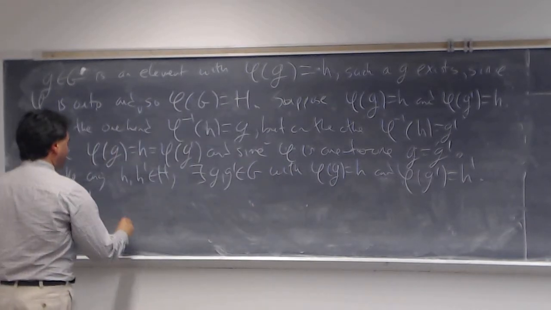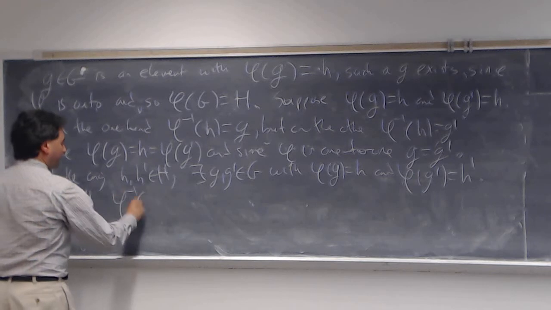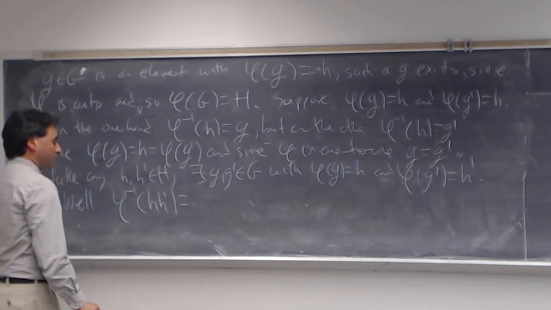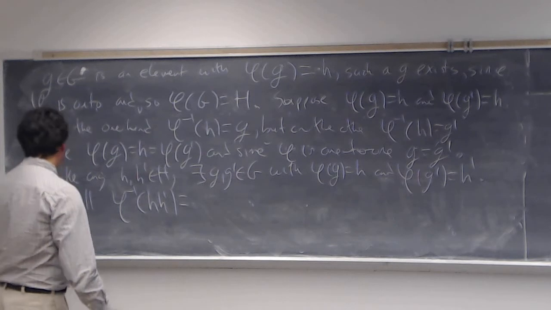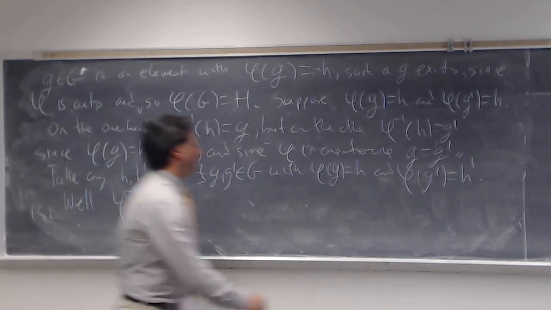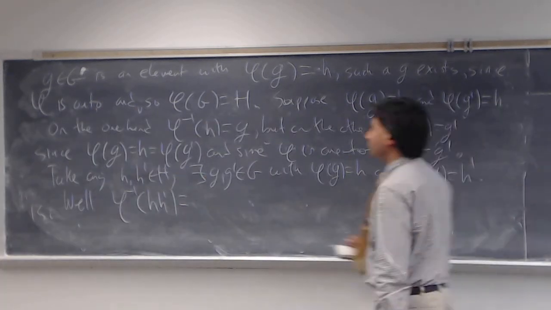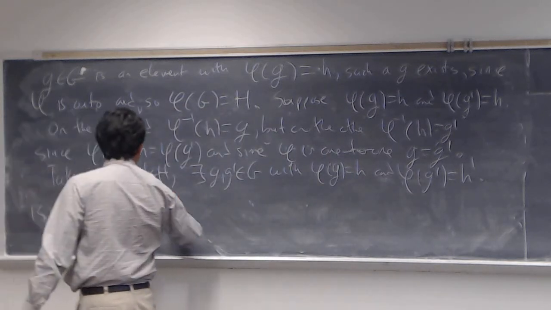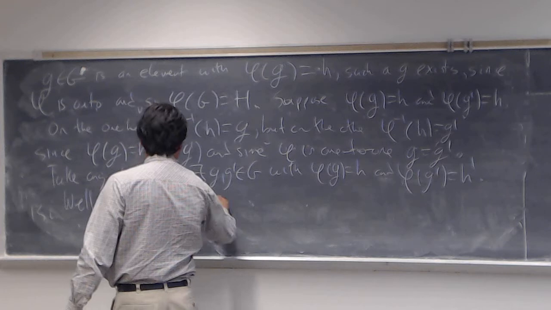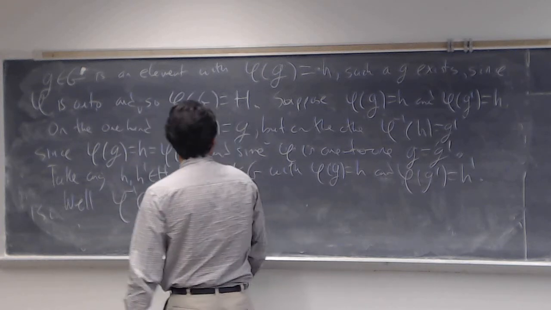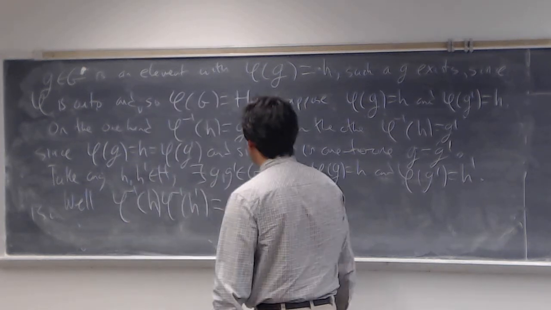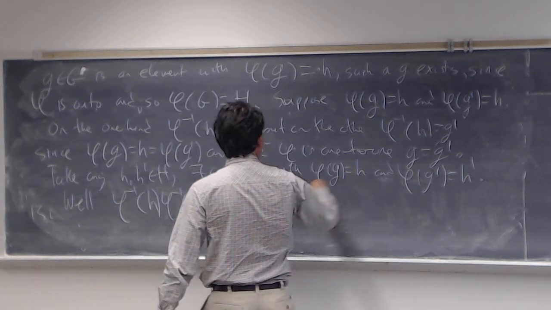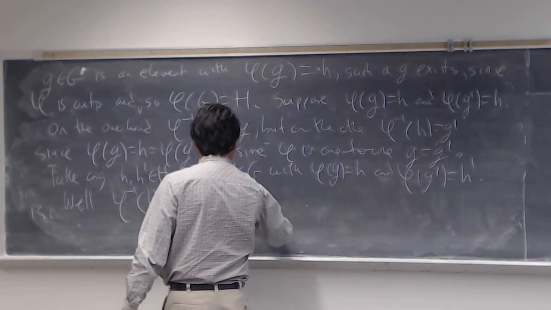Well, what would phi inverse of h times h prime be? Let's look at it from the other side. Let's first look at the product. What would phi inverse of h times phi inverse of h prime be? Well, that's equal to g and g prime.